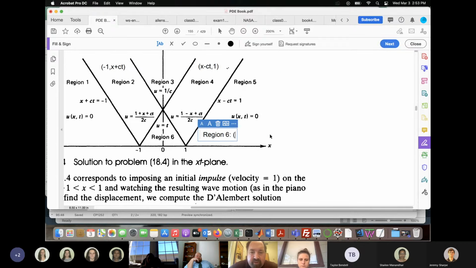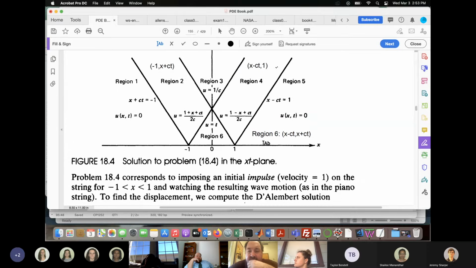Region 6: the interval of integration is just going to be x minus ct to x plus ct, since they both fall within -1 and 1. So I'm going to subtract these two. The x's will cancel. Now I'll get 2ct divided by 2c, and I get t for my solution in region 6.